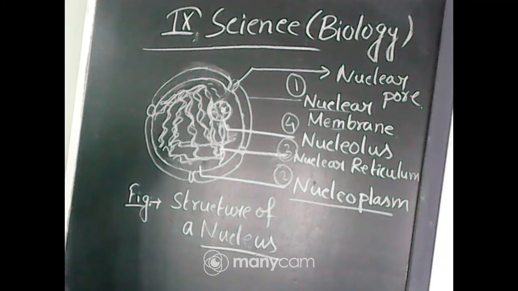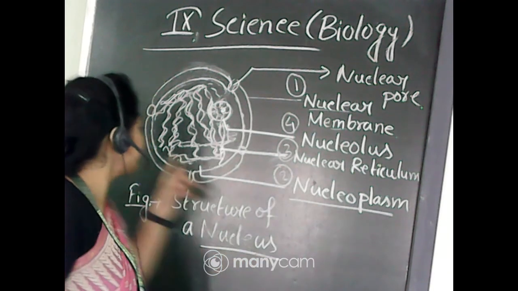Now, the nuclear membrane has nuclear pores, as I have told you, and these are for exchange of material from nucleus to cytoplasm or cytoplasm to nucleus. Now comes nucleoplasm. Where is this nucleoplasm?